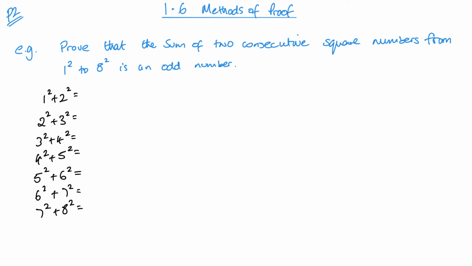So now we can see this is going to be 1 plus 4 is 5, 4 plus 9, 13. I'll fill the rest in. Now, as you can see, the statement is true, so it's always nice just to finish it off with, therefore, the statement is true, or something along those lines.